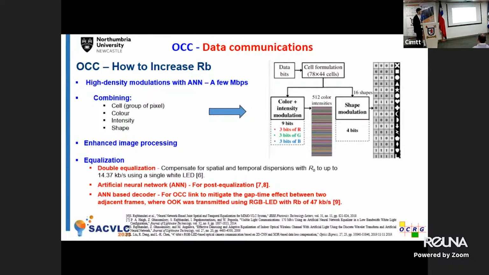Pre or post equalization is one of the commonly used techniques in wireless communication for mitigating inter-symbol interference and pushing the signal forward.